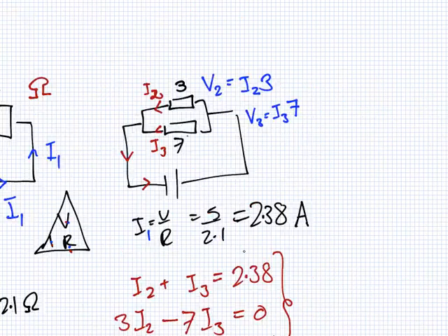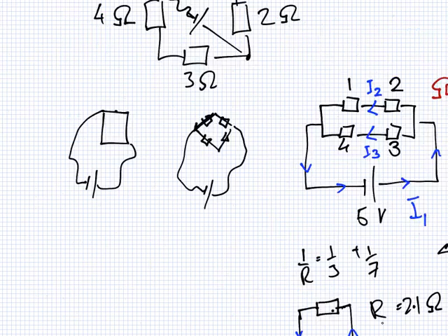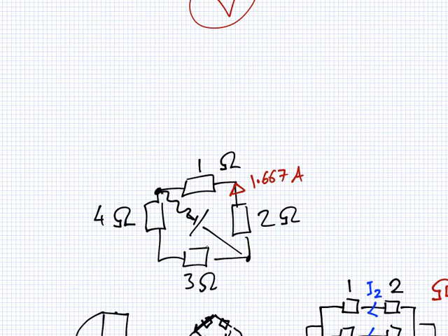Between 3 and 4 is 0.714. My arrow's not good. This is going up, and this one is going up as well. This is 0.714, because the current is coming out here and then it's splitting.